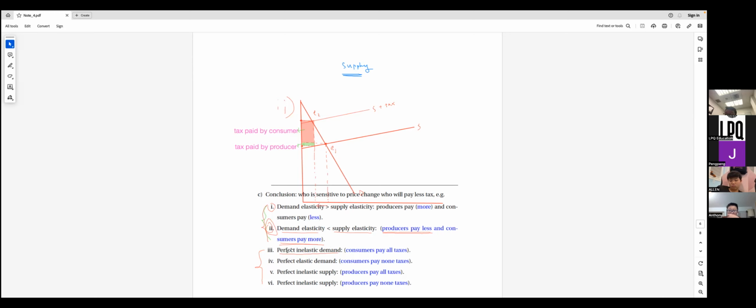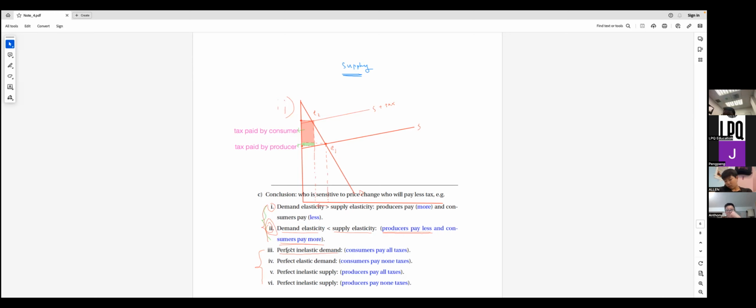What about if you totally don't care about price change? You don't care about price change at all. It's a very extreme and rare case in real life. You really need a smoke every day, you really like something, so you don't care about the price change at all.